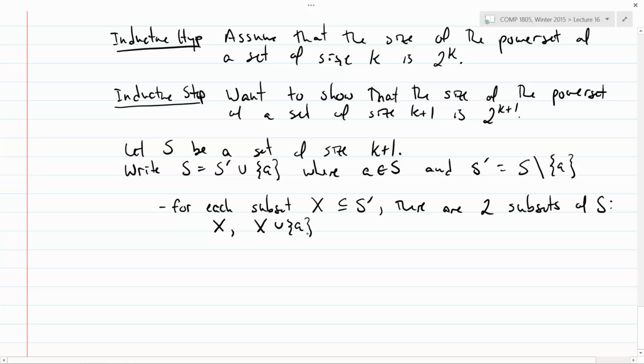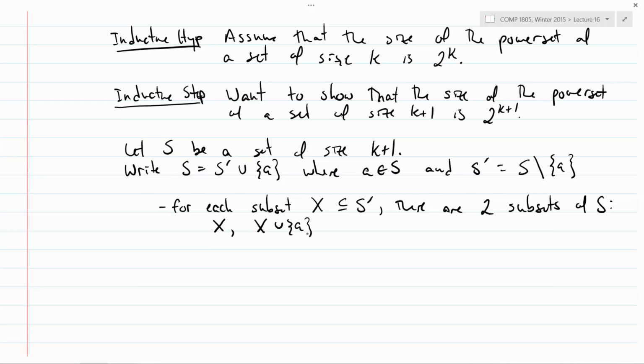So look at all of the subsets you get of S prime. And remember, S prime does not have A in it. So if you look at all of those subsets, you can get a subset back in S by taking that exact same subset, because it's still a subset of S, but you get another subset by taking that subset and adding A back in.